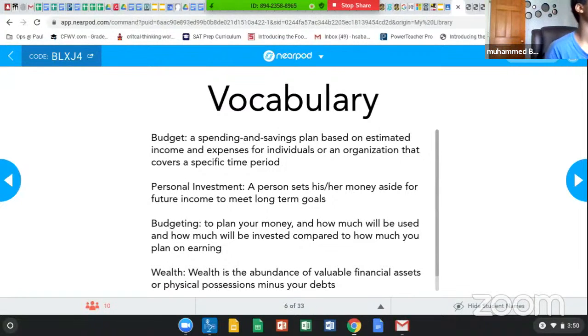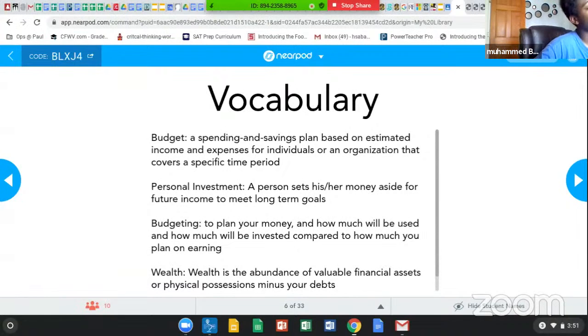Budget: a spending and saving plan based on estimated income and expenses for individuals or an organization that covers a specific time period. Personal investment: a person sets their money aside for future income to meet long-term goals.